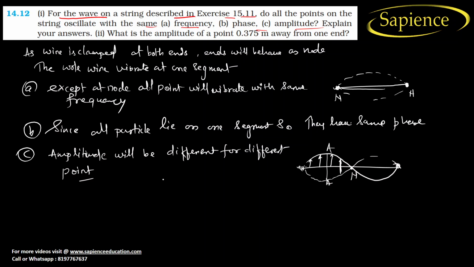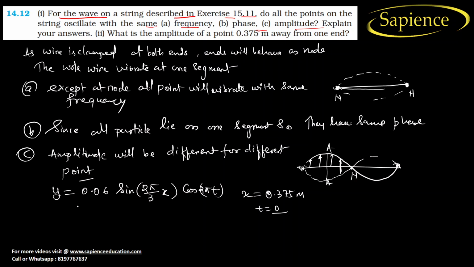Now, what is the amplitude of the point at 0.375 meter? We have the equation y, the amplitude equation, equal to 0.06 into sine 2 pi by 3 into x into cos 2 pi into t. Now for x equal to 0.375 meter, and when we assume that time is equal to 0, what will be the amplitude?